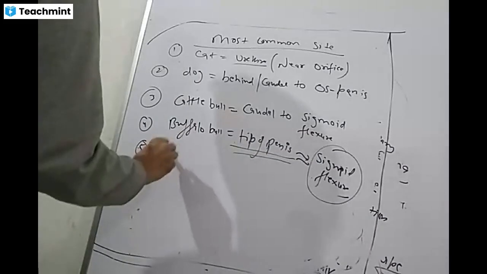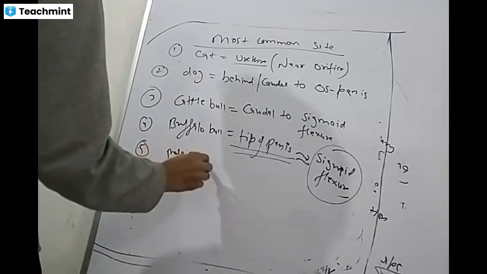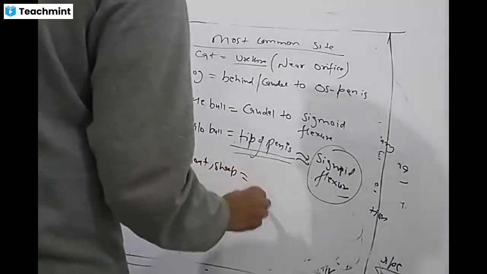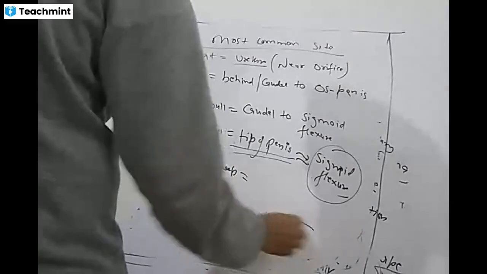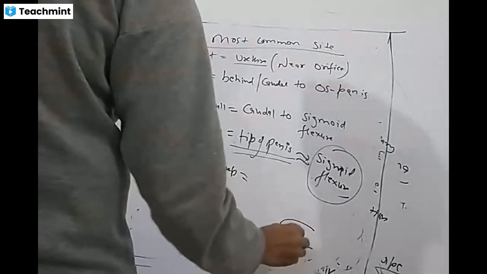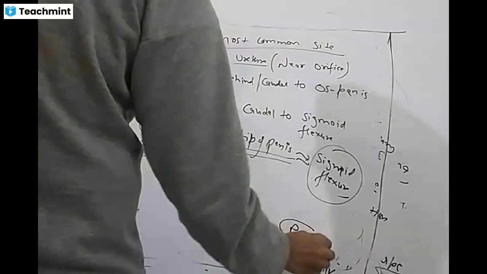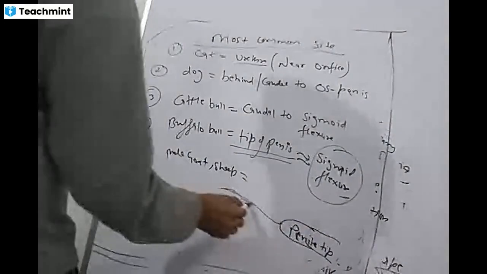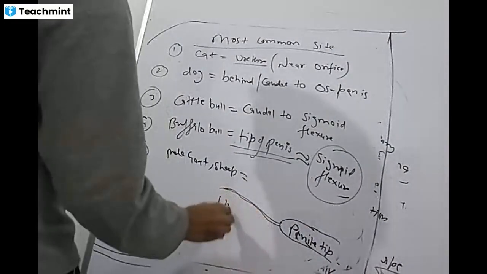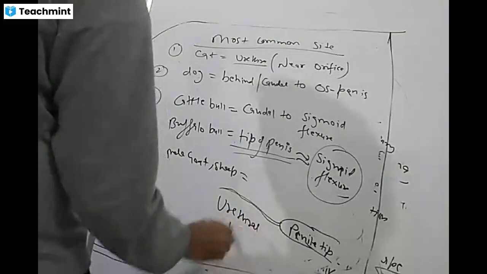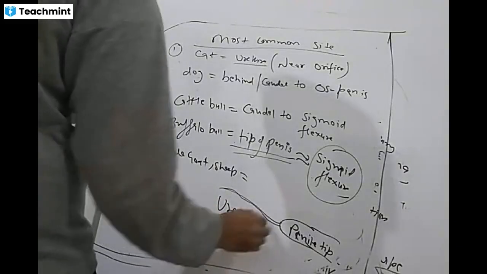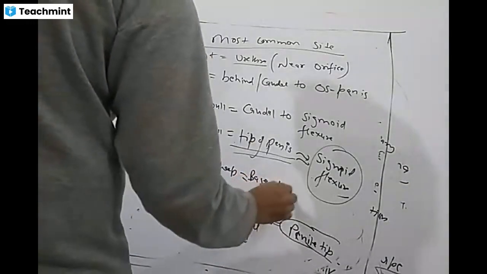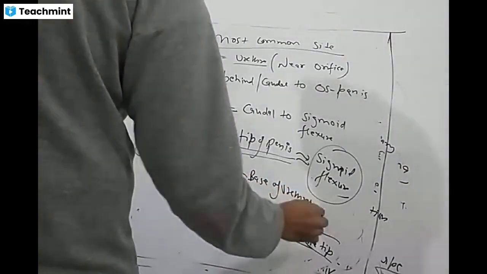Next is your male goat or male sheep. They have a urethral process at the penile tip, a thread-like structure known as the urethral process.